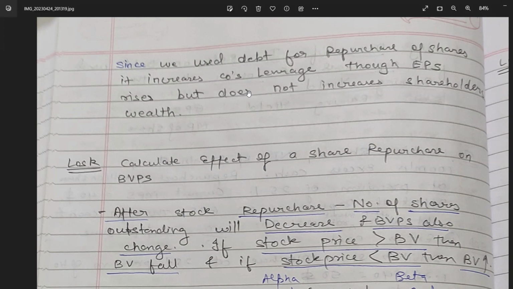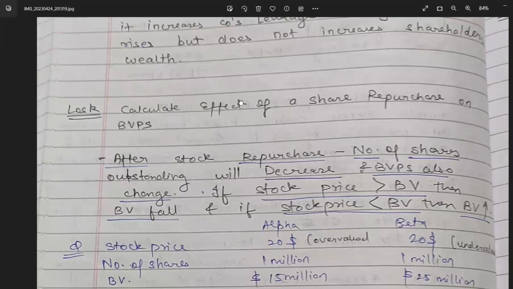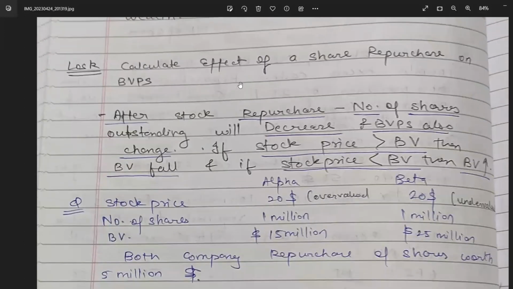So the next LOS: calculate the effect of a share repurchase on book value per share. What will be the effect of repurchasing our own shares on the book value of the company? As we know, after stock repurchases, the number of shares outstanding will decrease, and book value per share also changes.